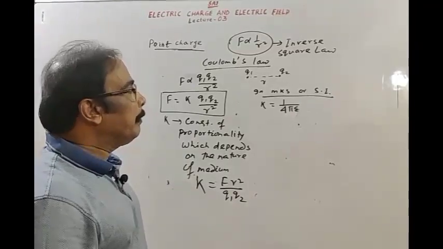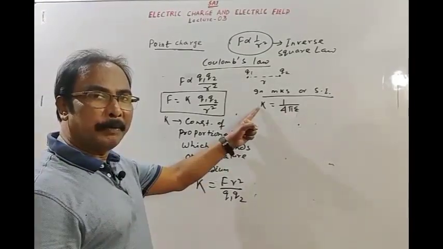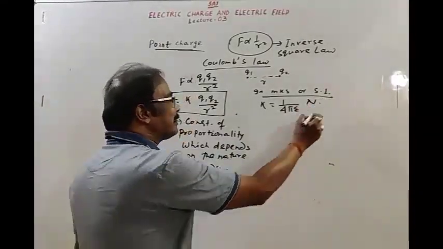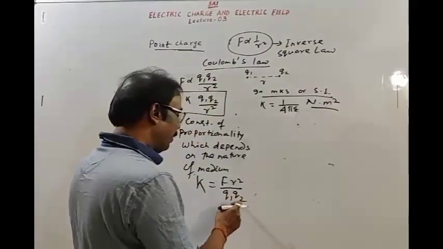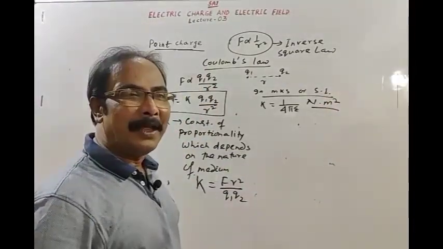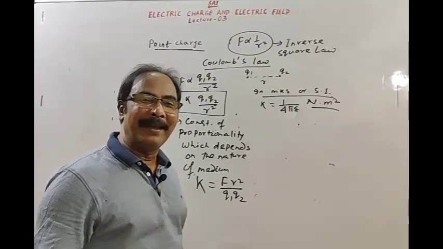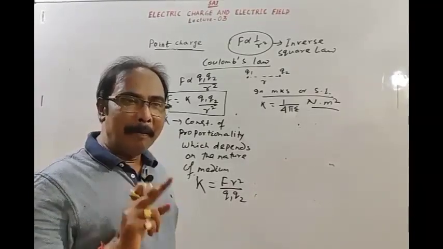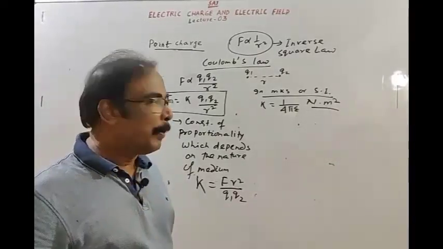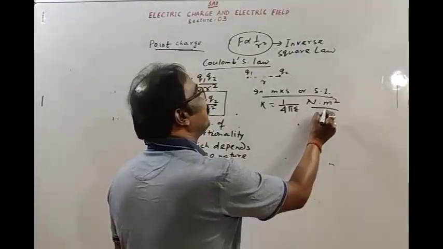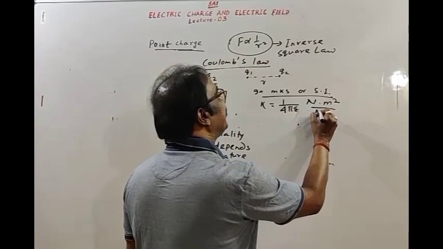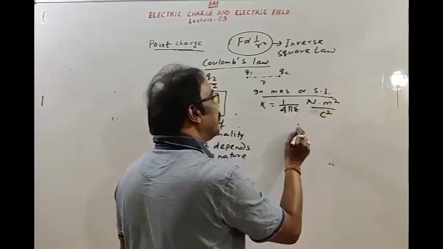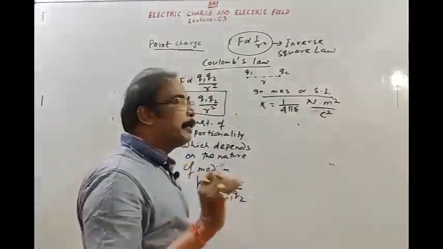In MKS or SI, the units: force is Newton, square of distance is meter square, and Q1 into Q2 means charge into charge. As we know, charge is a derived quantity in SI, its unit is Coulomb, and its dimensions are ampere into time, A to the power 1 into T to the power 1. So Coulomb into Coulomb is Coulomb square. So we may take the unit as Newton meter square per Coulomb square.